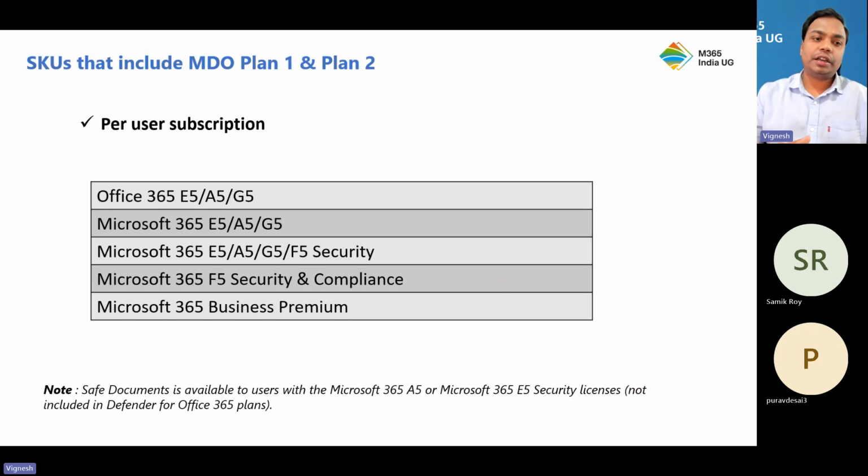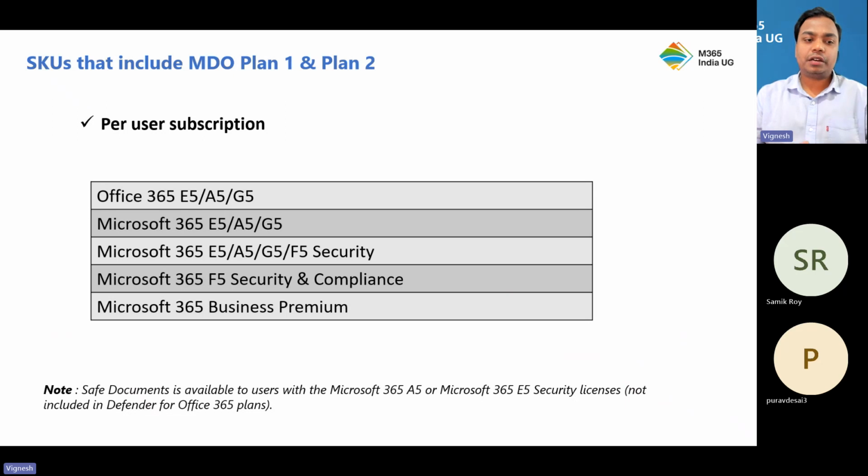So, the SKUs that include MDO Plan 1 and Plan 2. I'm pretty sure some of you might have been following the webinar series and started spinning up your demo environments. If you haven't done this already, these are the SKUs you would need if you're trying to do a demo alongside us, or even if you're trying to adopt this capability for your production environment.